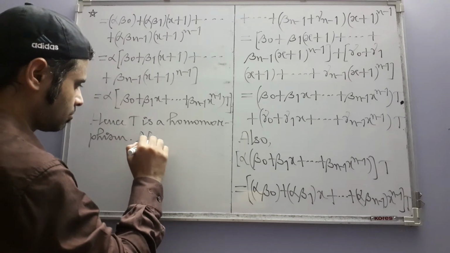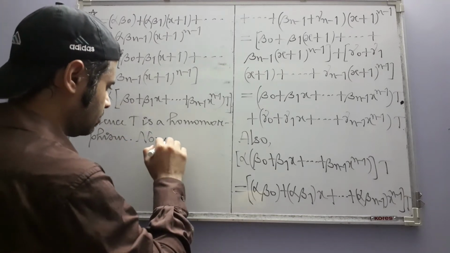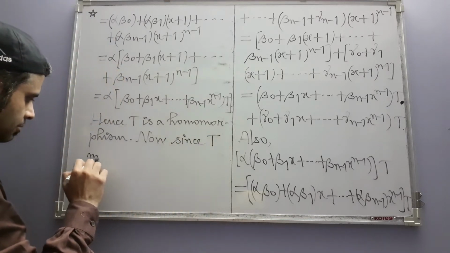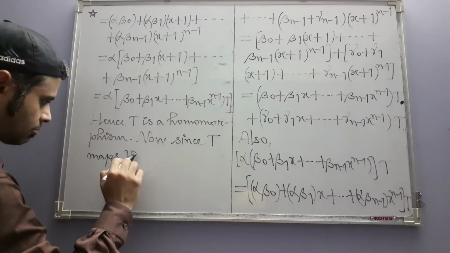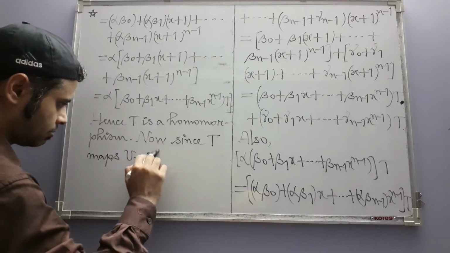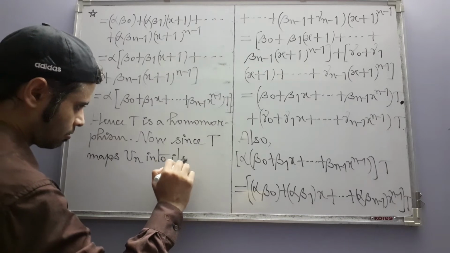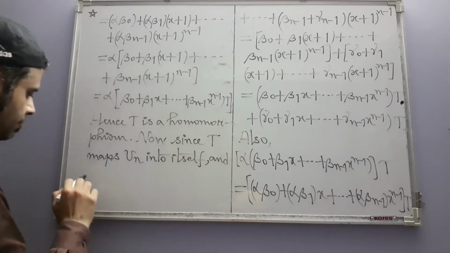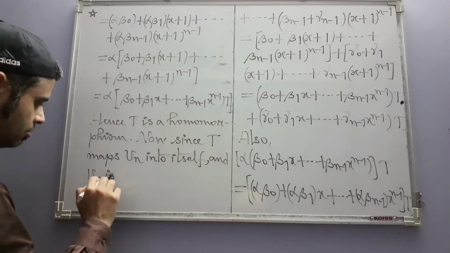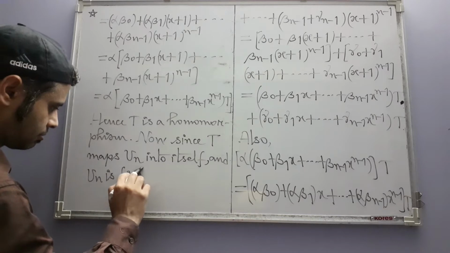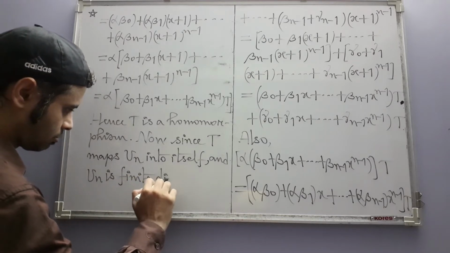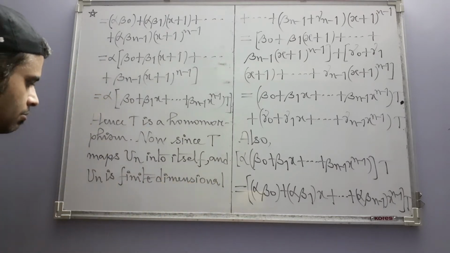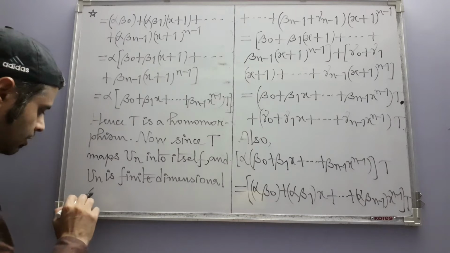Now, since T maps Un into itself and Un is finite dimensional, and the reason for that is this.